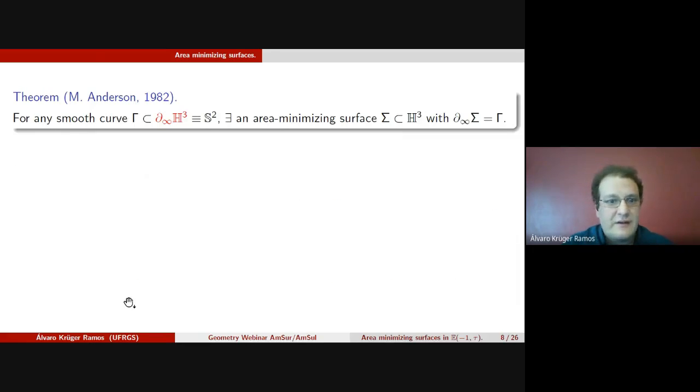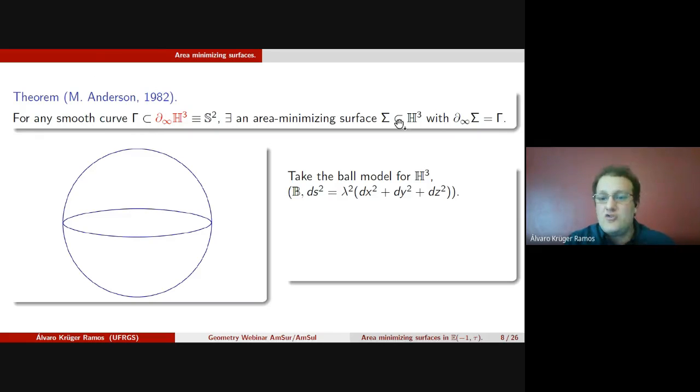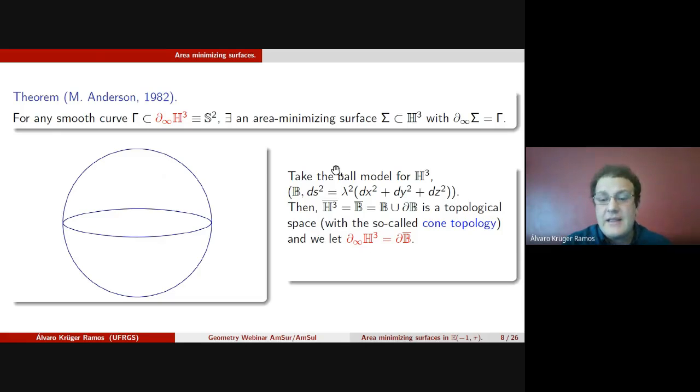So let me define what the asymptotic boundary of H3 is and say a few more words about this theorem. First we take the ball model for H3, which is the unit open ball with this metric, a conformal metric to the Euclidean metric. You can compactify this space by compactifying this ball with a certain topology, which is called the cone topology.